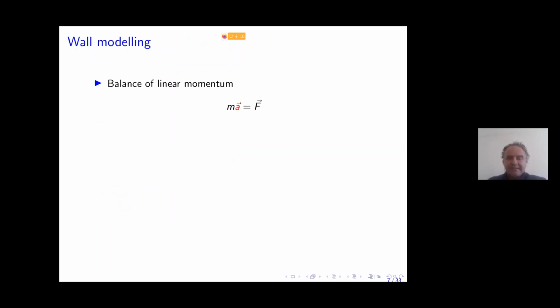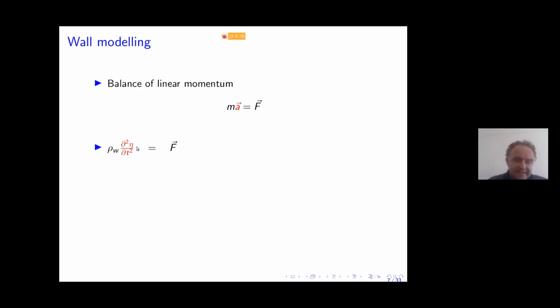For the wall modeling, the main equation is again the linear momentum. Actually, in this case, we do want to follow each element of the material, so we are no longer looking at the velocity, but at the displacement itself.